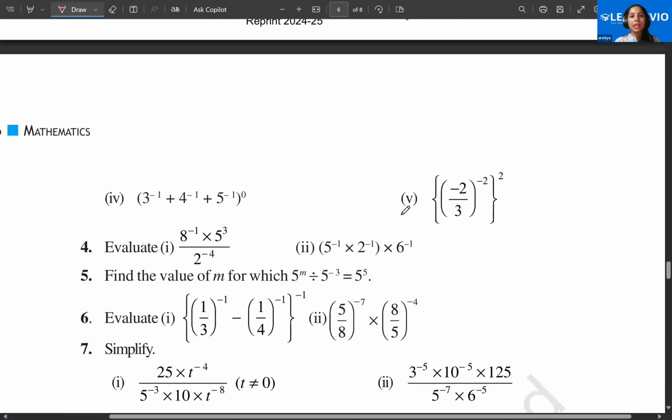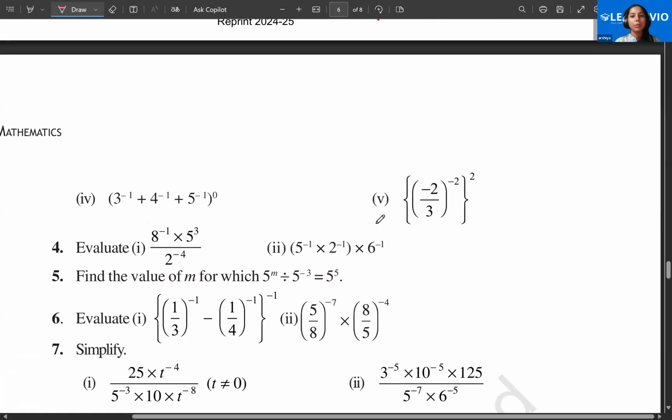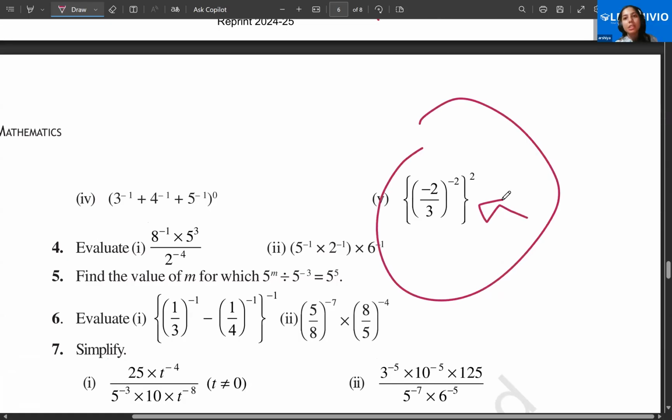In this one, can you just tell me what we should do in the fifth one? No need to solve it, just tell me how you'll solve it. Sorry, ma'am, what did you say?